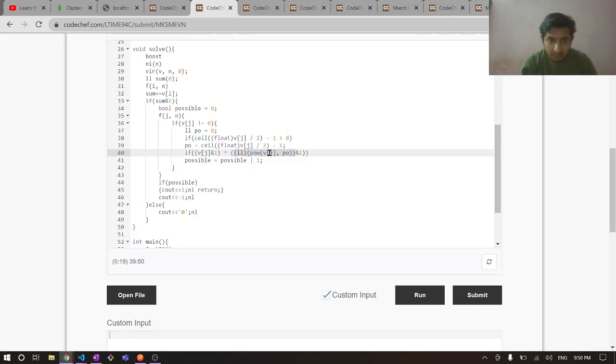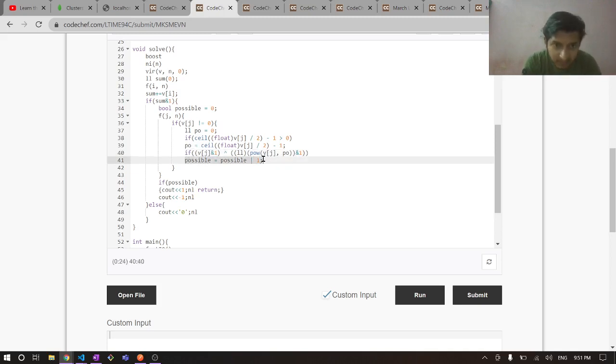Okay, so what I did, I store power, then update power if ceil is greater than 0, and took the last bit, take its XOR with the last bit of this power term, and if this is 1, then yes, my answer is possible. So possible equals possible or 1.